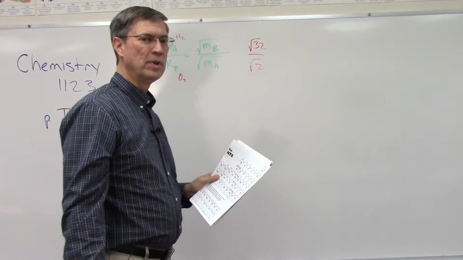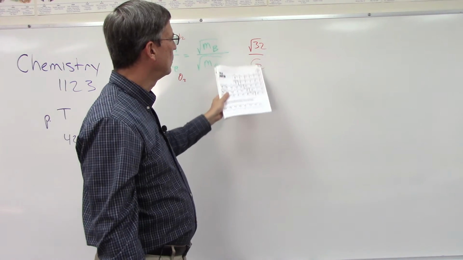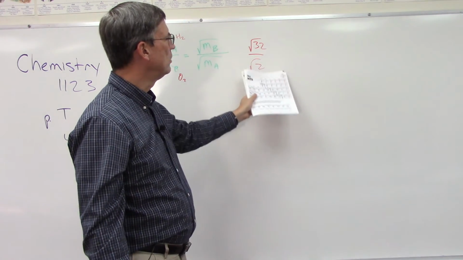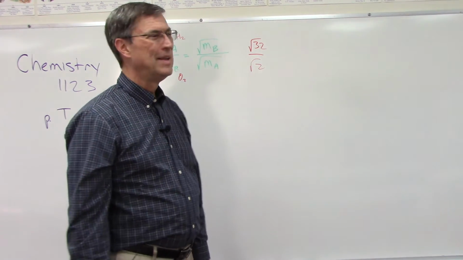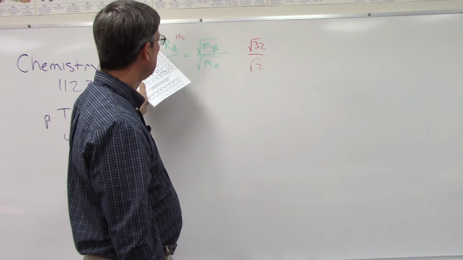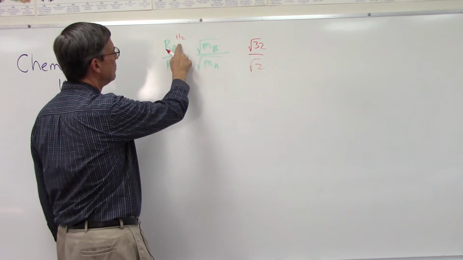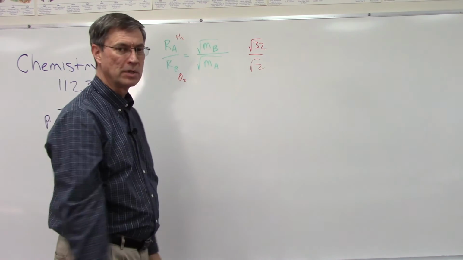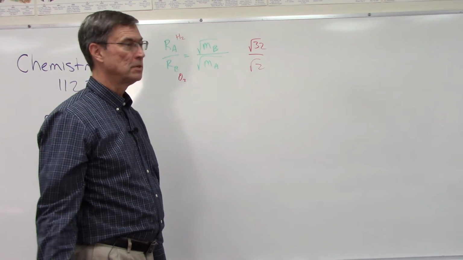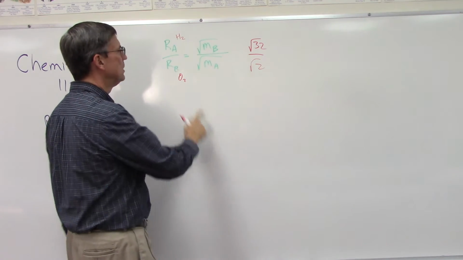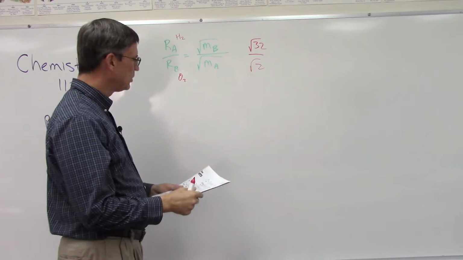And so I'm going to let you finish that. Use your calculator, get the square root of both of those, take the numerator, divide by the denominator, and you get one number. And what that's saying is the rate of hydrogen is, whatever that works out to be, 3.5 times as much or 5 times as much as this, okay? So I'll let you finish that one.